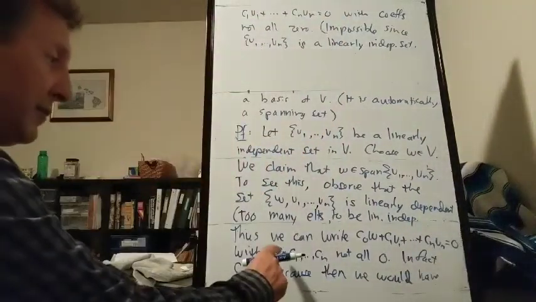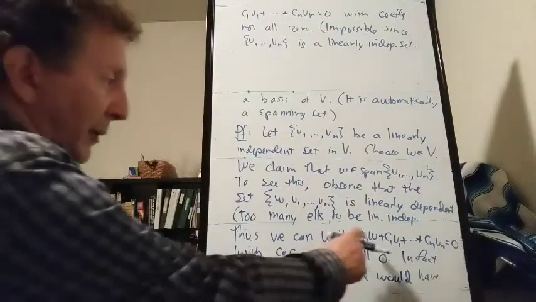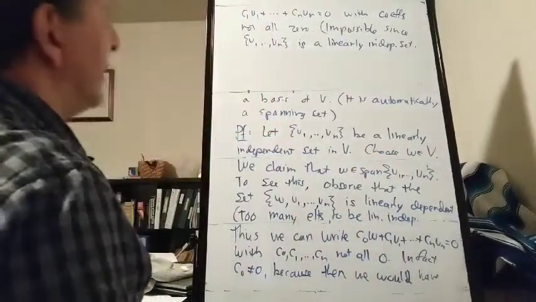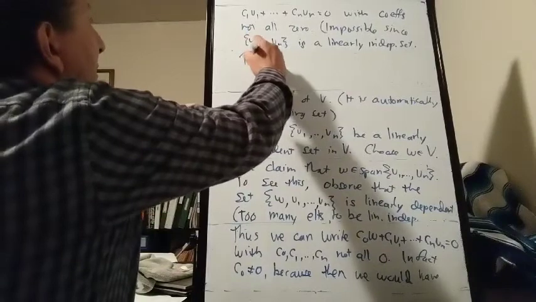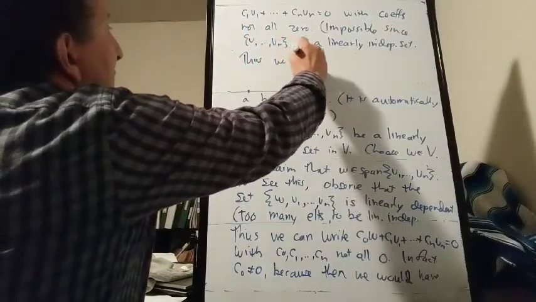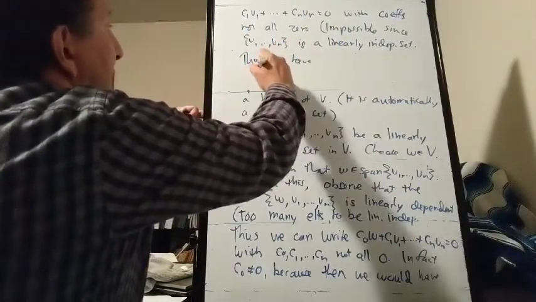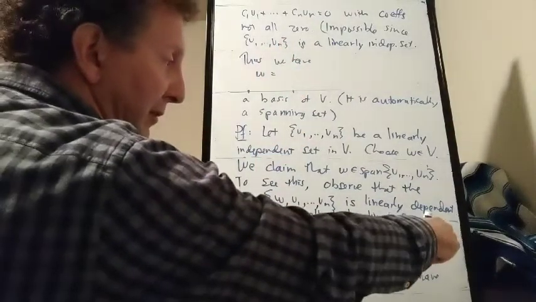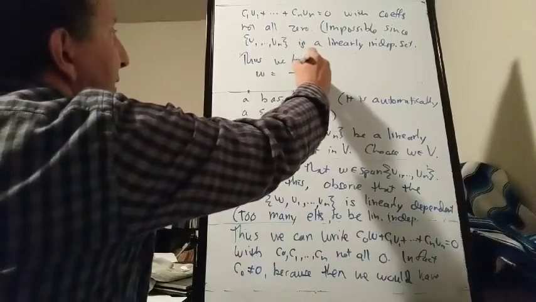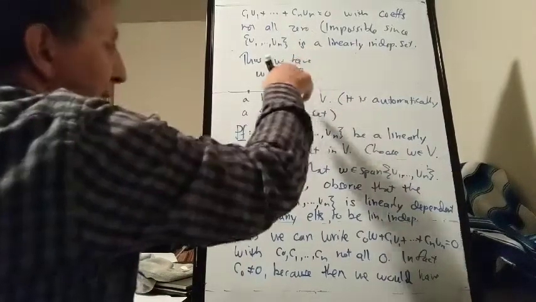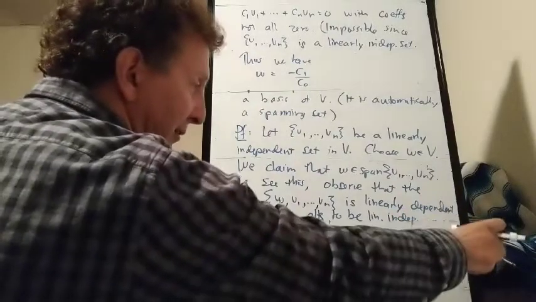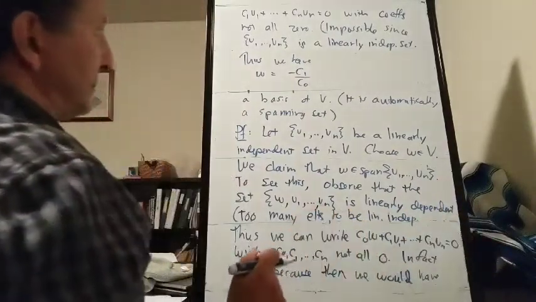Alright, now if C naught is not 0, then we can take this equation, put all the v's on the other side, and write W equals, let's see, negative C1 V1 is going to be on the other side. Negative C1 divided by C naught if I want to make W be all by itself. So I'll subtract all of these from both sides and divide by C naught.